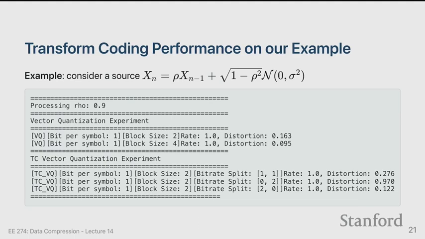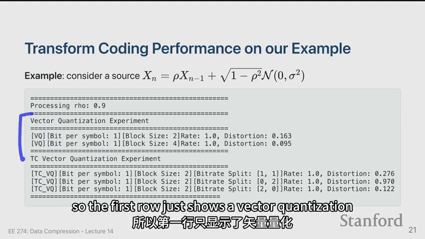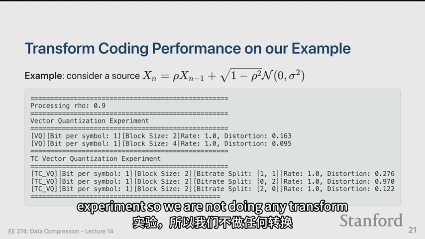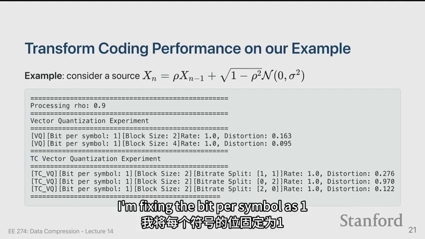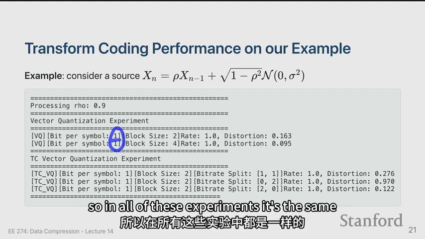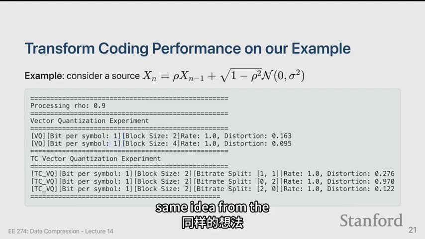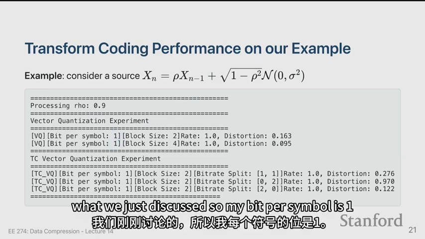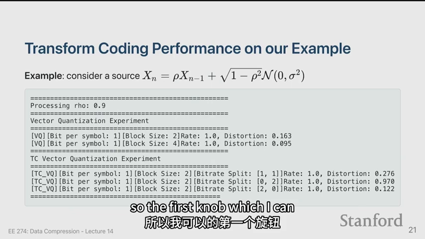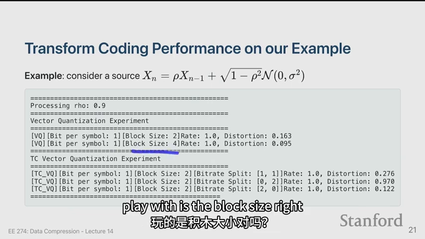Okay. So the first row just shows a vector quantization experiment. We are not doing any transform. I'm fixing the bits per symbol as 1. In all of these experiments, it's the same idea from what we just discussed, so my bits per symbol is 1. The first knob I can play with is the block size.